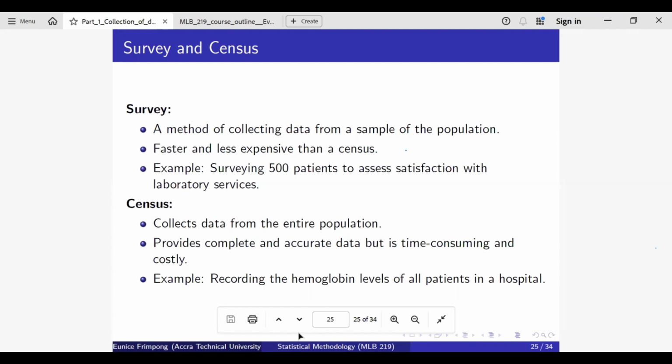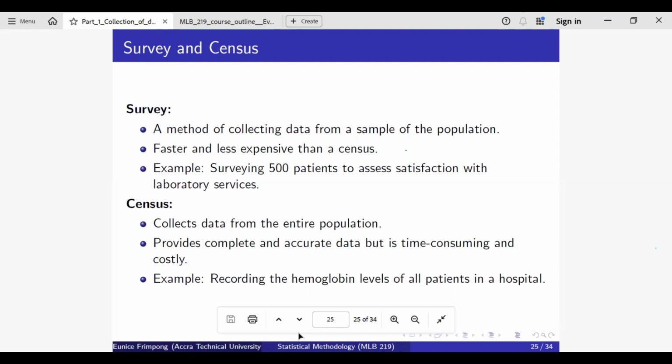Surveys are faster and less expensive because you are covering a smaller group of people. For a population it is a lot. Look at what happens when you are doing a national population census. It can take a lot of time and resources because you are trying to cover all Ghanaians. So that's the difference between survey and census.